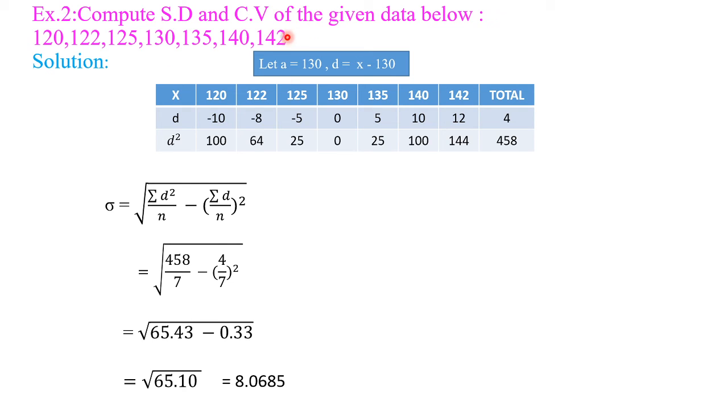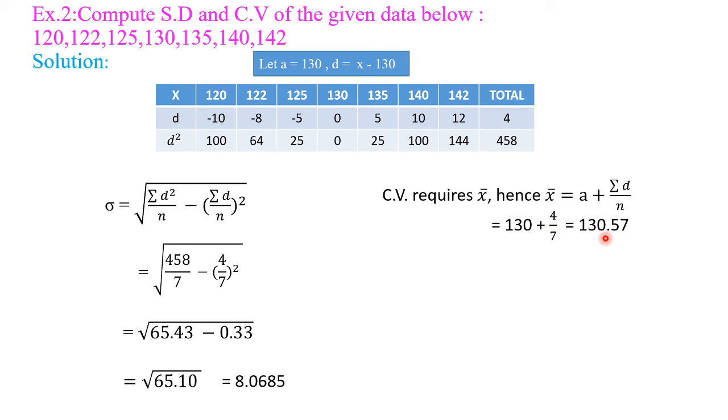Then we have to find CV, and CV requires x bar, hence x bar is equal to a plus summation d divided by n. So a is equal to 130 plus summation of d divided by n is equal to 4 by 7. 130 plus 4 by 7 is equal to 130.57. So CV is equal to sigma divided by mod x bar, that is arithmetic mean, into 100.